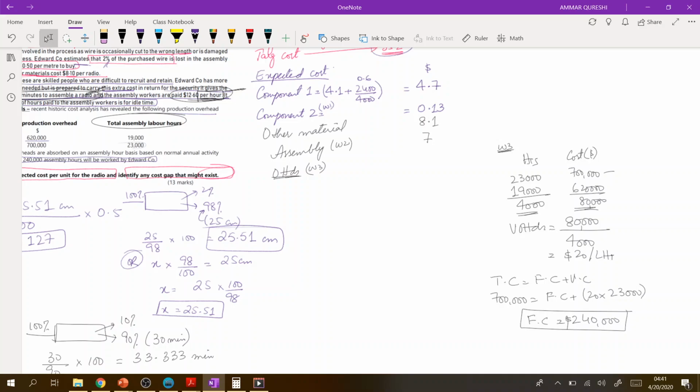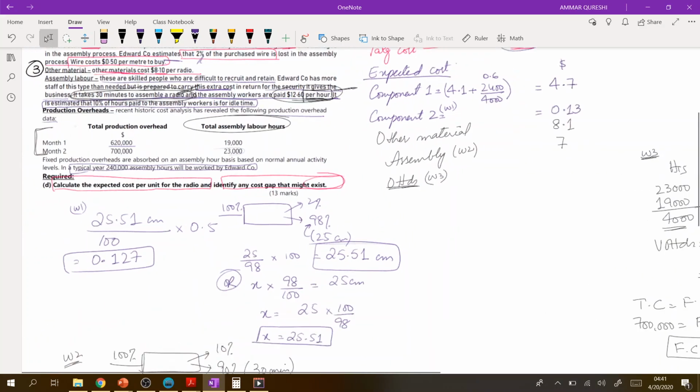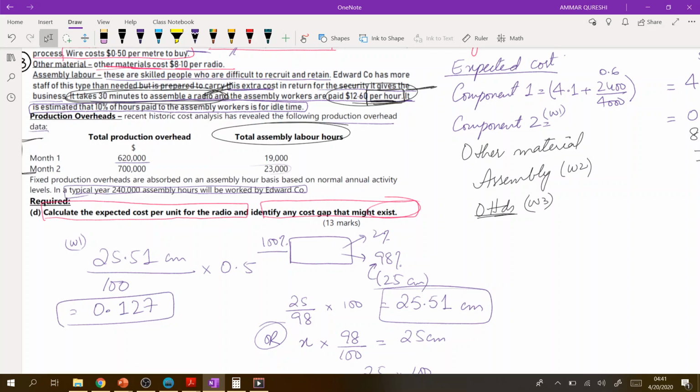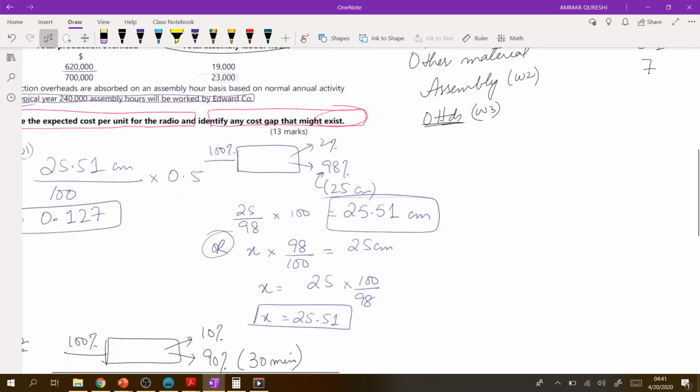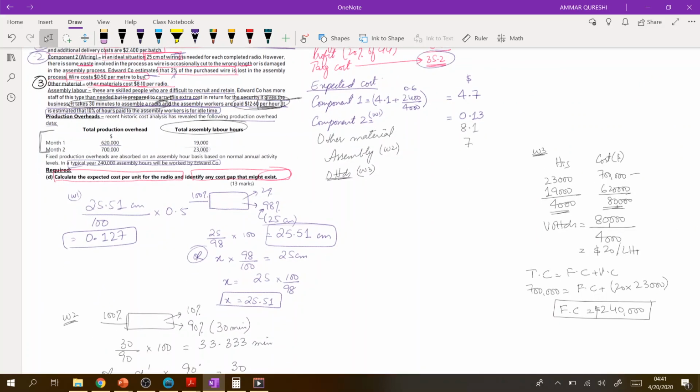And how can we absorb fixed overhead? We have to divide it by the number of hours. How many hours is the company expected to work in the coming year? 240,000, right? So what are we supposed to do here? Divide 240,000 by 240,000? No. See, again, I'm saying the same thing. These fixed overheads have been extracted from monthly data, right?